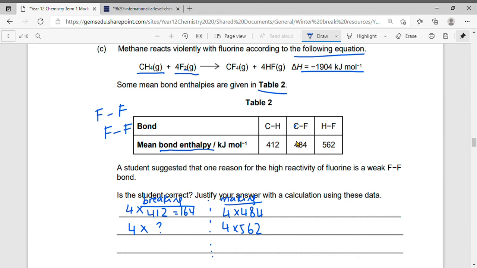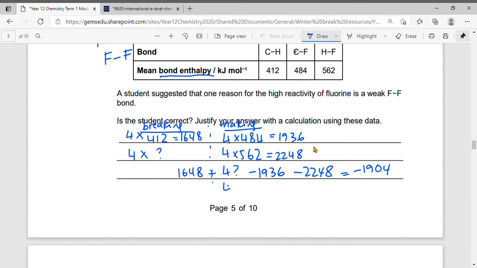So let me just do it. 1648. 1936. 2248. Okay. Now breaking is the correct sign. So 1648 plus 4 question mark minus 1936 minus 2248 is minus 1904. So let's quickly do some algebra for the question mark.